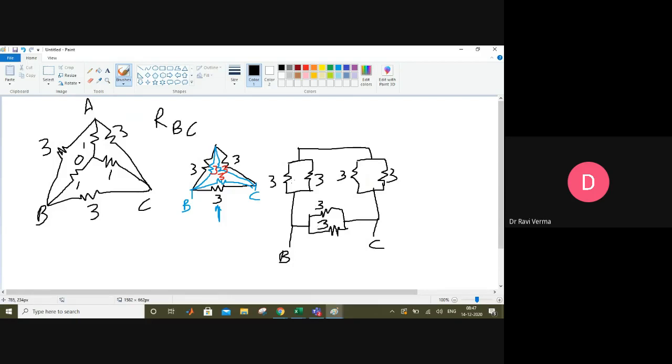Okay, so this 3 and this 3 are in parallel. What will be its equivalent? 1.5. This is also 1.5.